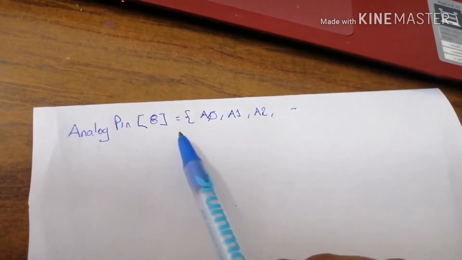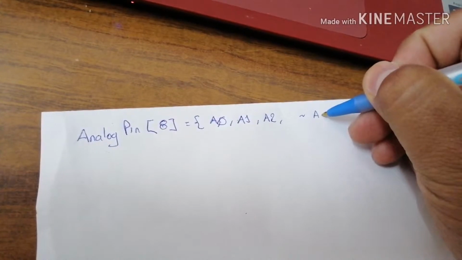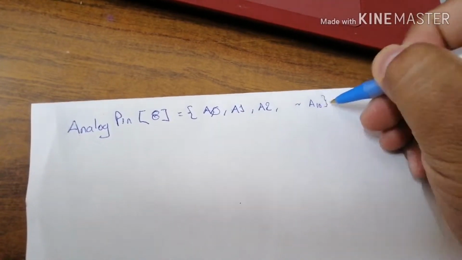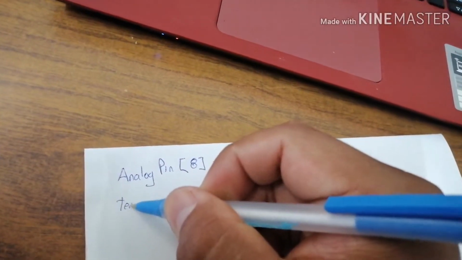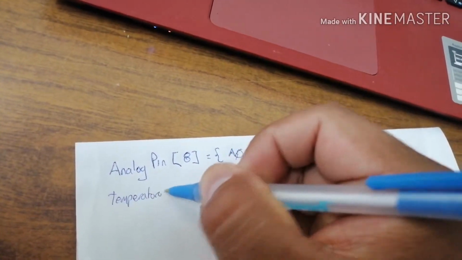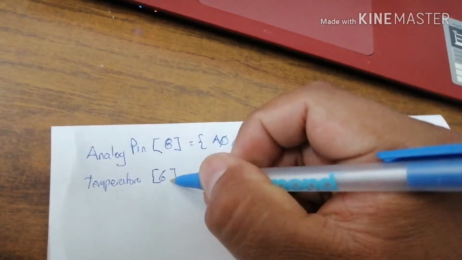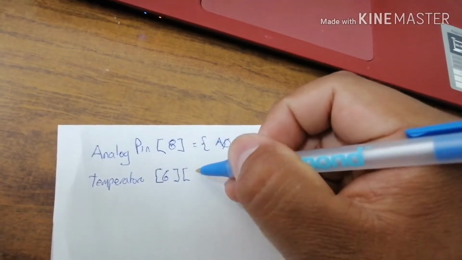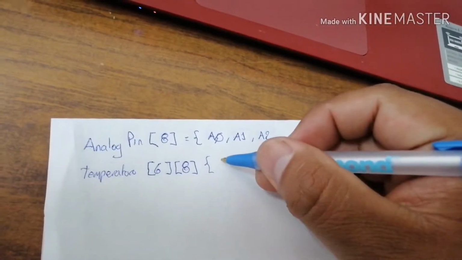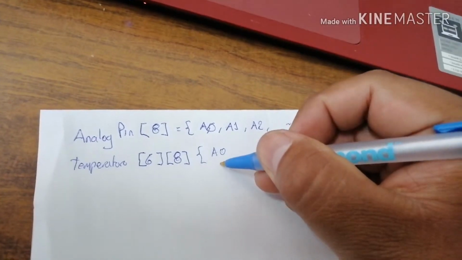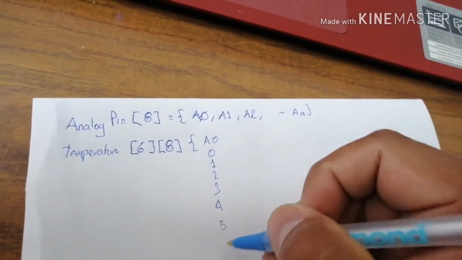I have an analog pin array A0, A1, A2 up to, let's say, A10. And then I have something called temperature, and it's a bidimensional array which holds 6 measurements per pin and 8 pins. So let's say A0 has readings 0, 1, 2, 3, 4, 5 and 6.